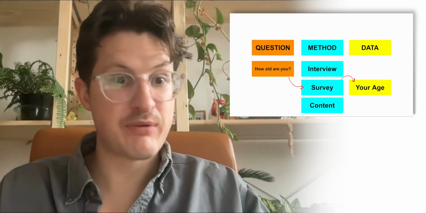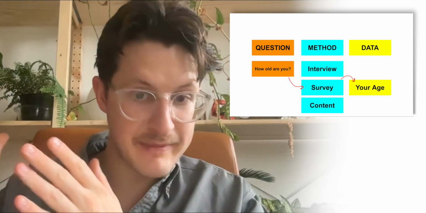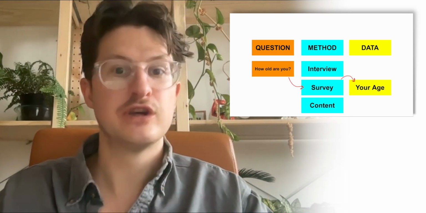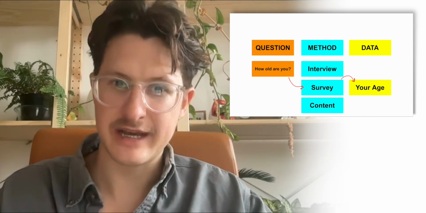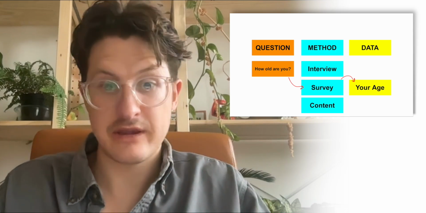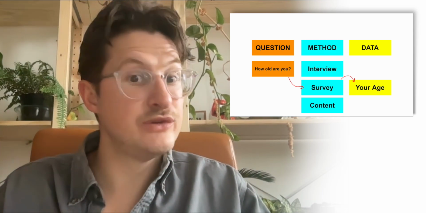Okay, so let's practice this. You start obviously with a question and you think about the data. If the question is how old are you, you want to find the age. So then you ask yourself, and the student should ask themselves, what method is best? Well, if I want to know someone's age, I could use a survey. Yep. I could also use an interview.